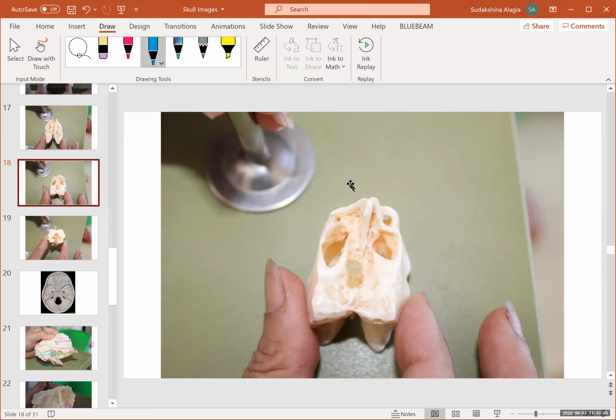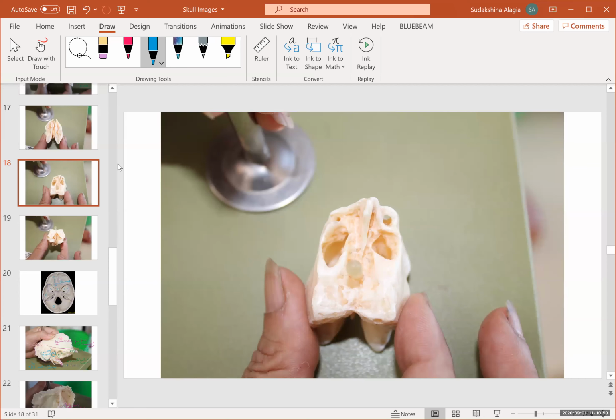Okay, so the ethmoid bone. The reference point in the ethmoid bone is pretty easy. There is one single structure of the ethmoid bone which stands out like a coxcomb, so to speak. This is the ethmoid bone's superior view.